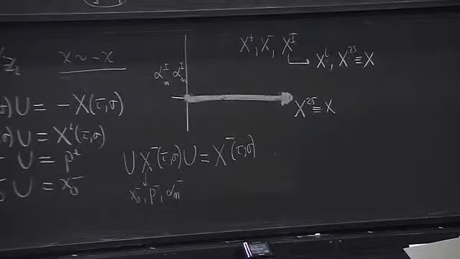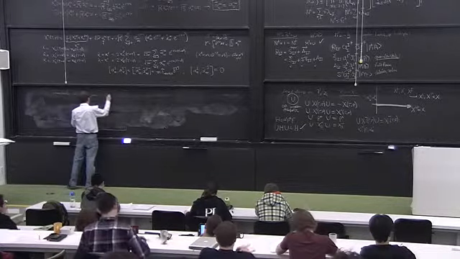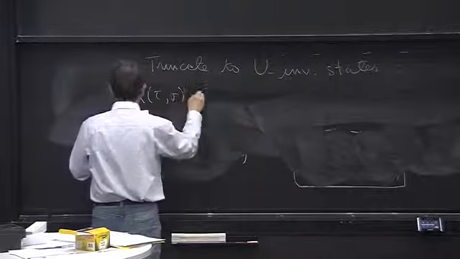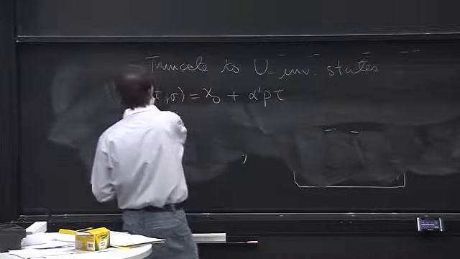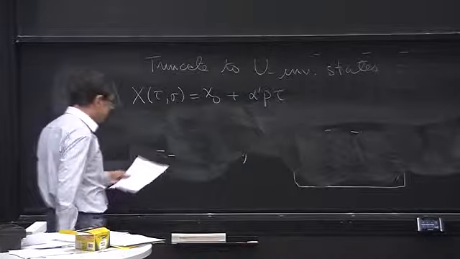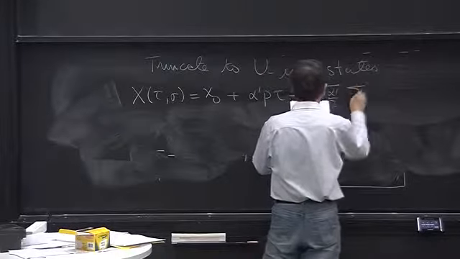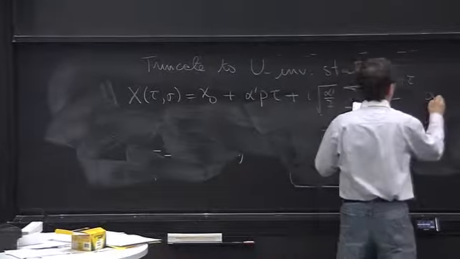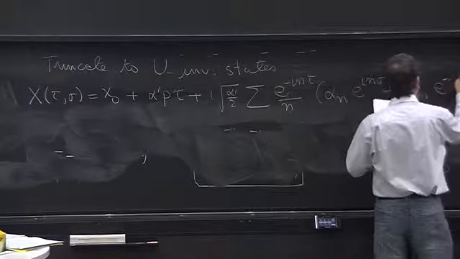So two more things. We'll truncate to U invariant states. And one last thing, we had our closed string expansion, x0 plus alpha prime p tau. This is all x25. When I don't put an index now, it is x25. Our orbifolded one: plus the sum of alpha prime over 2, e to the minus i n tau over n, alpha n e to the i n sigma plus alpha bar n e to the minus i n sigma.